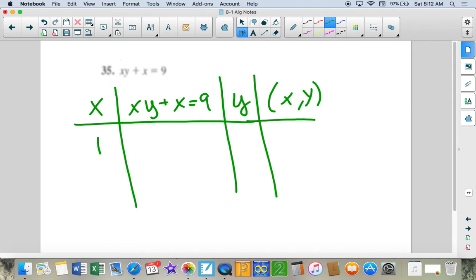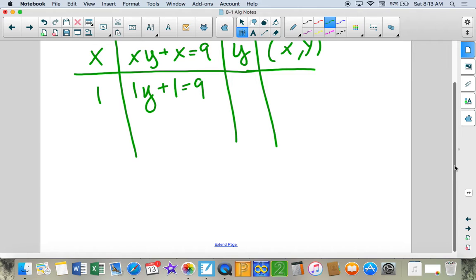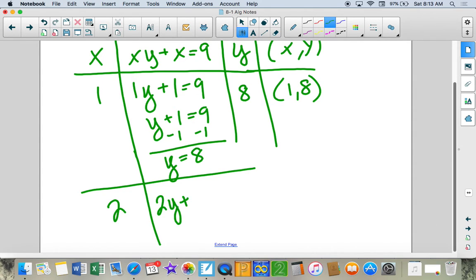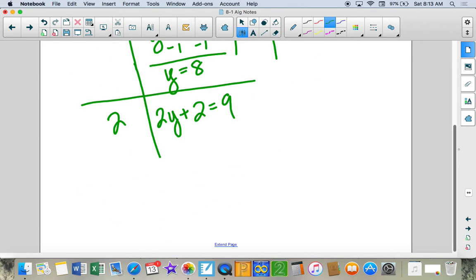If we plug in 1, we get 1y plus 1 equals 9. So we have y plus 1 equals 9. We subtract 1 from both sides, and we get y equals 8. So y equals 8 when x equals 1. Let's plug in another number. Let's plug in 2. So you have 2 times y plus 2 equals 9.